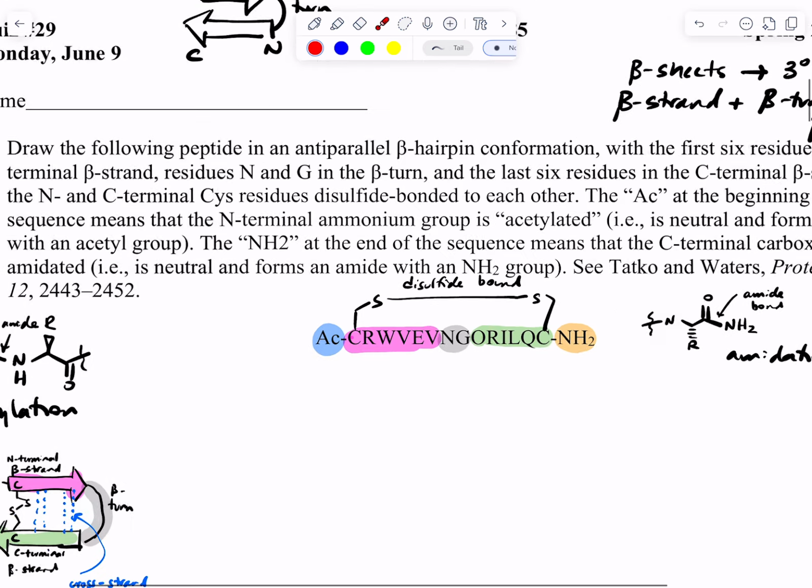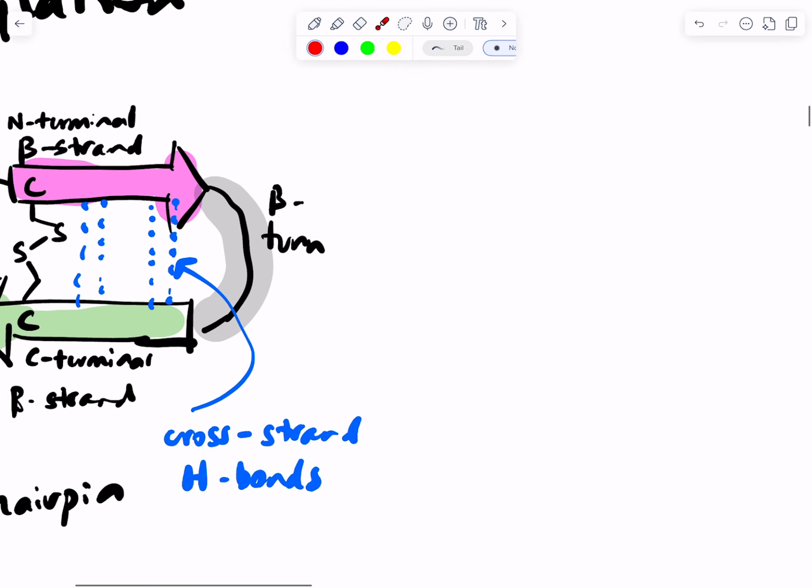What you're going to see is the thing that defines a beta turn is you have 2 amino acids in the turn, and then the 2 amino acids that flank that turn are going to be hydrogen bound to each other. So that's the definition of a beta turn: 2 hydrogen bound amino acids and then a 2 amino acid bridge. That's what we're going to stick with since it's easiest to draw and reason your way through. But no, nature's not so limited. All right, others?